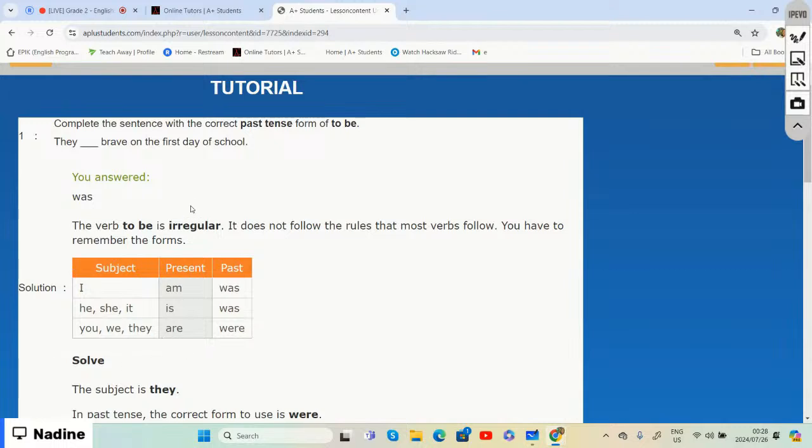We can say they are brave on the first day of school, because we're just following the box. They are.